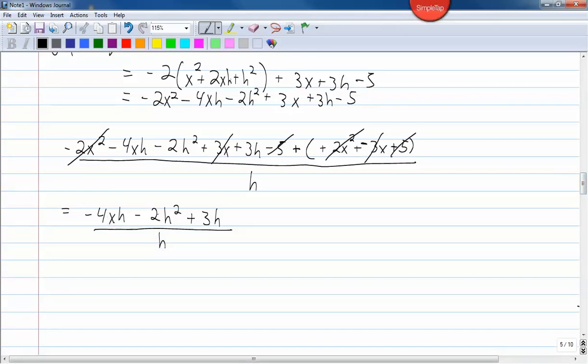Well, all three of these terms have an h to some power in them. So I can factor an h out of all three of the terms in the numerator. That'll leave me with negative 4x minus 2h plus 3 all over h. Now the h's cancel out, and that leaves you with negative 4x minus 2h plus 3.